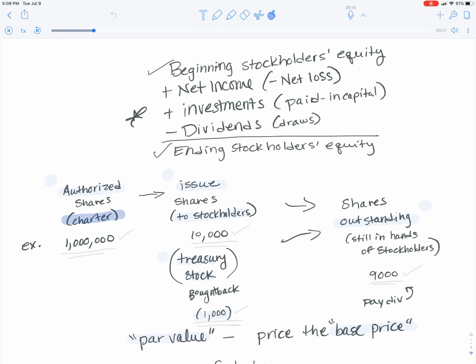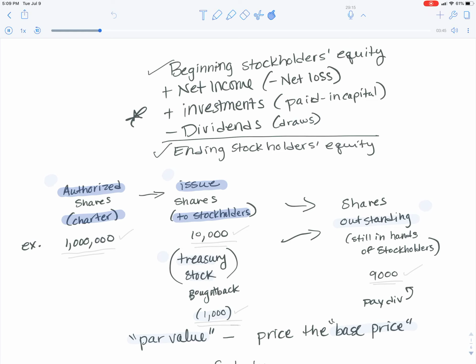Well, the charter will limit how many shares can be issued. So those are the shares authorized. And that doesn't mean that all of those are issued. Later, the board will decide how many to issue, and they don't all come out at the same time. They will be issued at different times. So when shares are issued, they are actually in the hands of the stockholders.